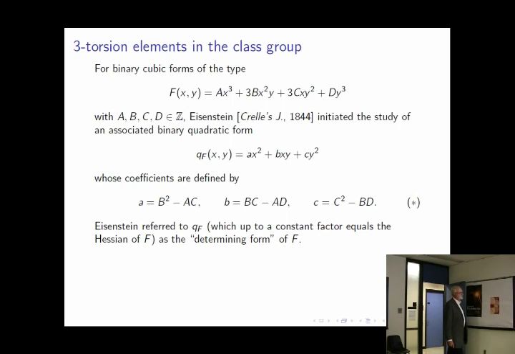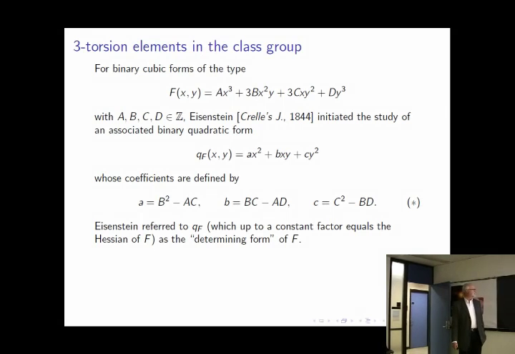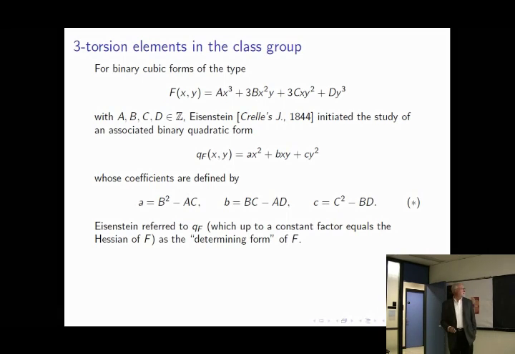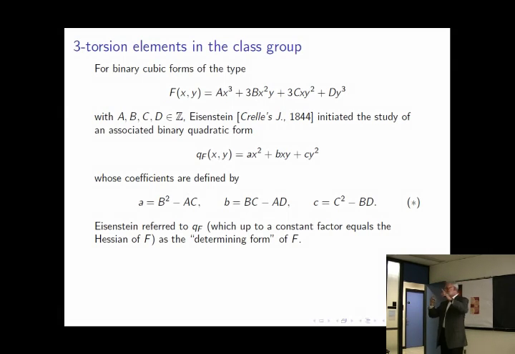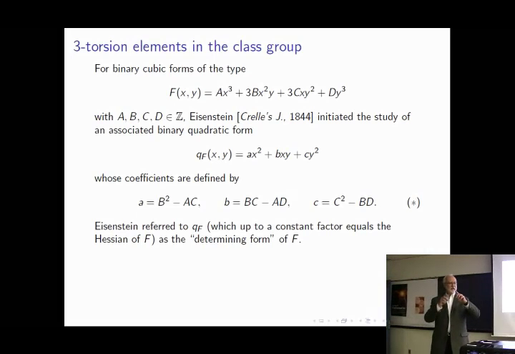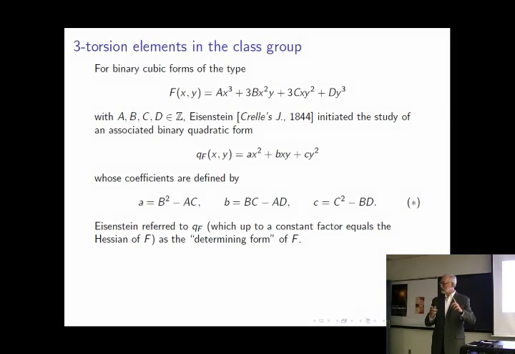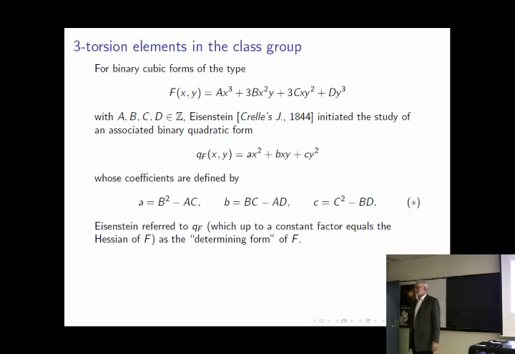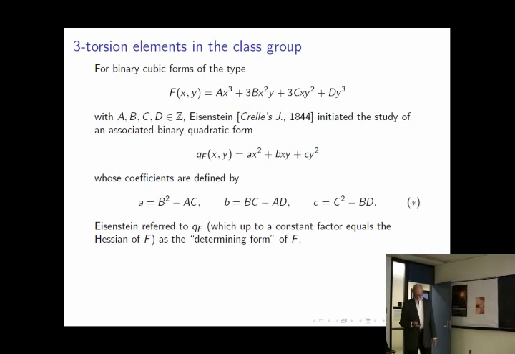The source, well, almost, of those equations is that you take, for that form capital F, the Hessian of F, so you take the matrix of second partial derivatives, so it's a 2 by 2 matrix, and the entries there are going to be linear forms in the variables, in the x and y. So when you take the determinant of that, you're going to get a quadratic form in x and y. That's our binary quadratic form. And if you do the calculation, you'll see it comes out sort of to be this. There's a fudge factor. I think it's -1/36, if my memory serves me correctly, to get that.